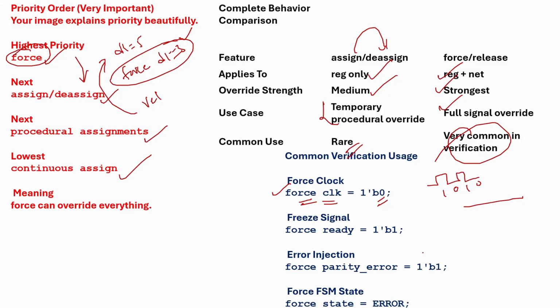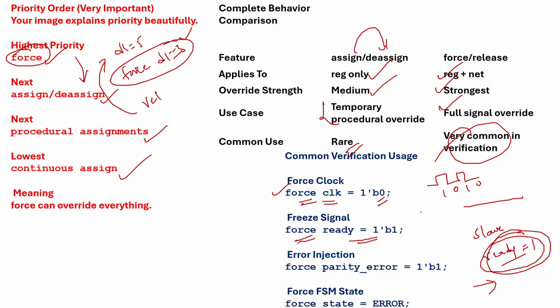Then during the protocol's time, my slave sends the ready signal, and only then does the master complete the transaction. The master goes to the transaction phase and sends the data. But unexpectedly, your slave is not responding or not setting the ready signal high. At that time I utilize the force keyword and forcibly set ready equal to 1, because I can't wait more time.